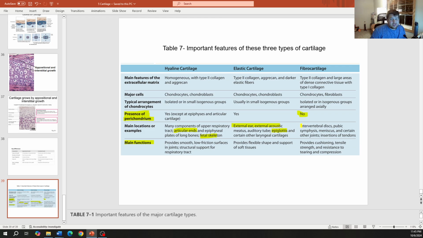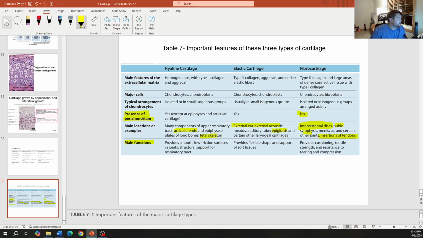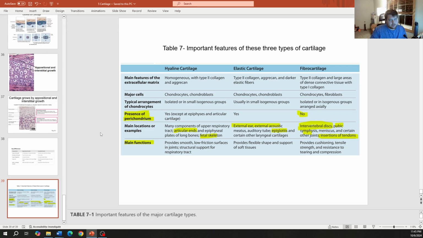Fibrocartilage, we care most about the intervertebral discs. We care lots about the pubic symphysis. We care about the insertions of tendons, all of these things. Those are the main points I would focus on.